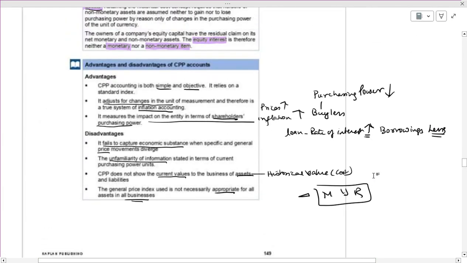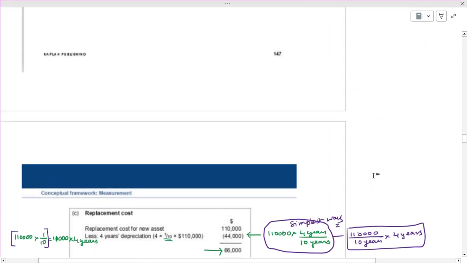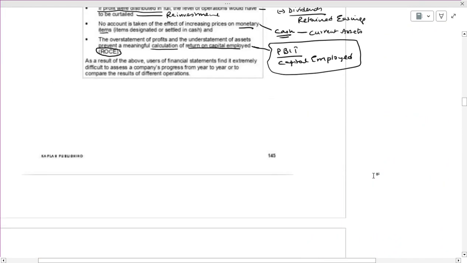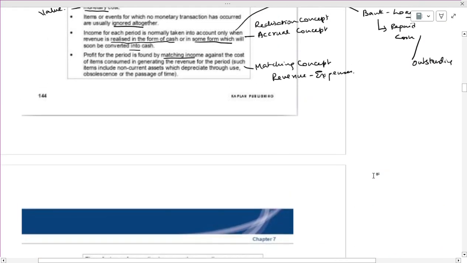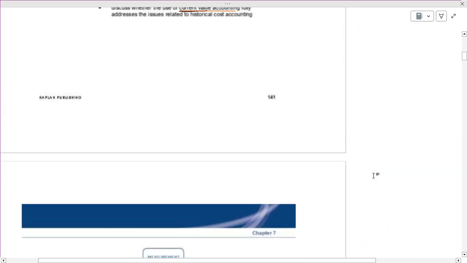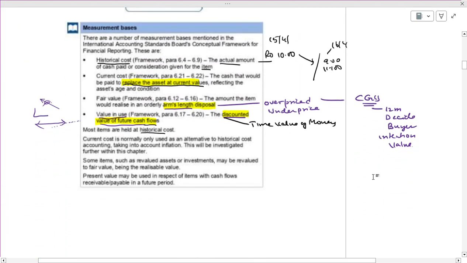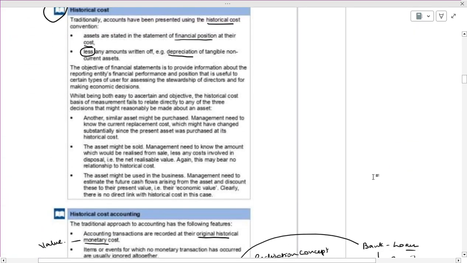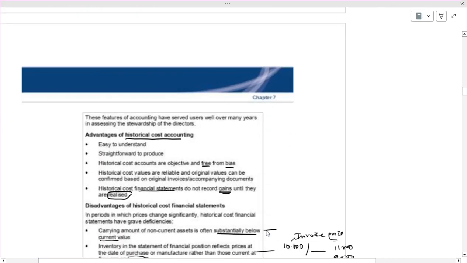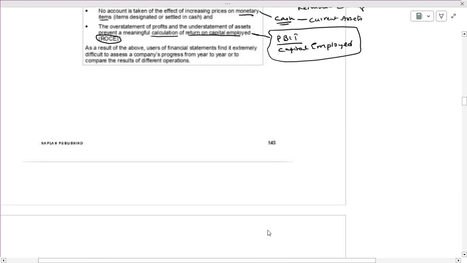It is an advantage of historical cost accounting. Where are the advantages of historical cost? Here. Easy to understand is historical cost.